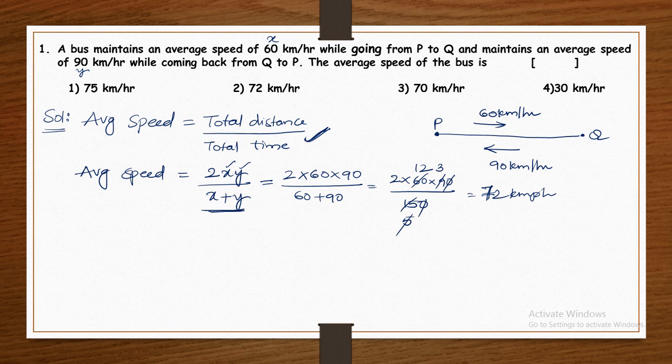You need to remember this formula, 2xy by x plus y, and it is applicable only when the two distances are the same, right? Some students will make a mistake here.